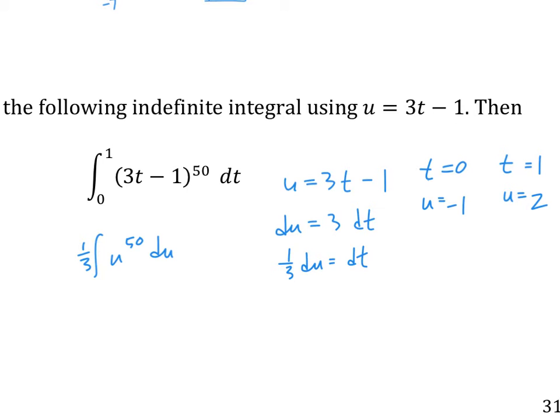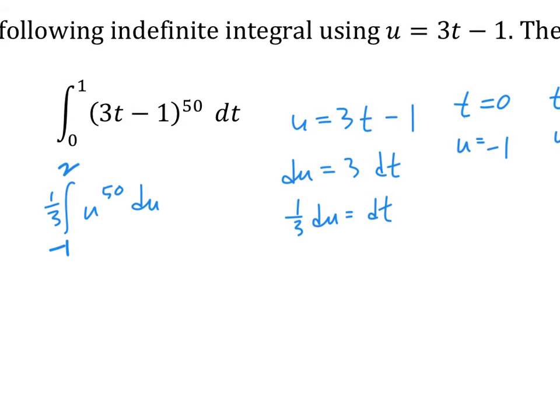It's going to be from negative 1 to 2. Now you evaluate. So 1/3 stays on the outside. We need to integrate first. Okay, 1/3, this is going to be u to the 51st over 51, evaluated from negative 1 to 2.